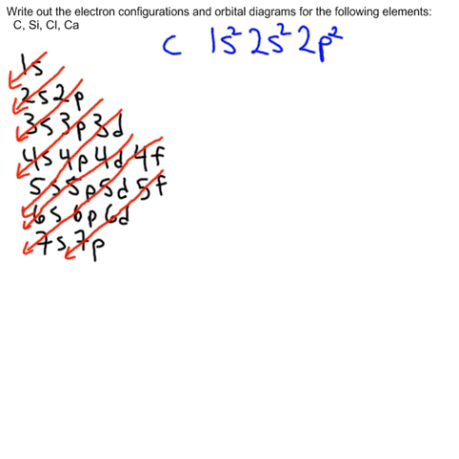To draw the orbital diagrams, or box diagrams, you draw a box underneath each of these orbitals, which represents their orientations. Since S's only have one orientation, you only draw one box, and since P's have 3 orientations, you draw 3 boxes. And then you fill in the electrons like so: 1 up, 1 down, 1 up, 1 down.